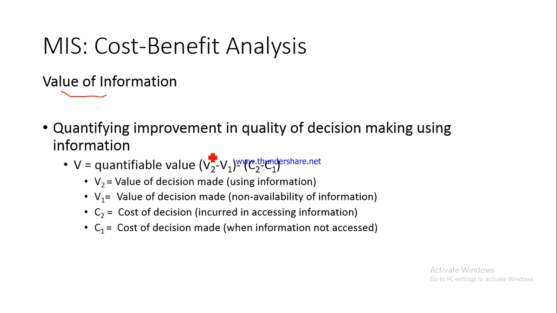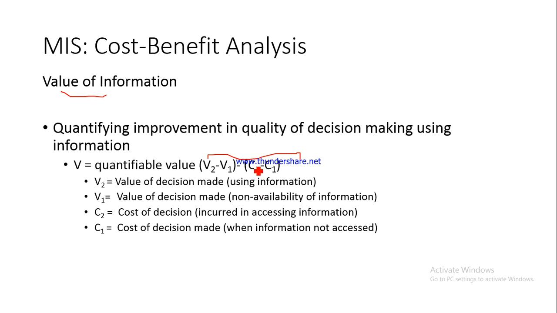Now have a look at this particular formula, and as you can see here, this is the value of the information. V2 is the value of decision made when the information is there, and V1 is the value of decision made when you didn't have access to this information, right?